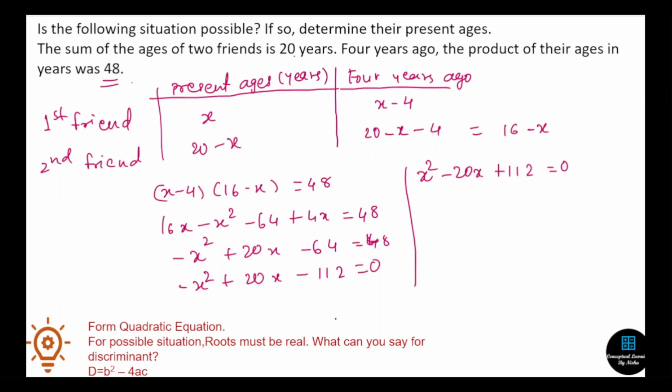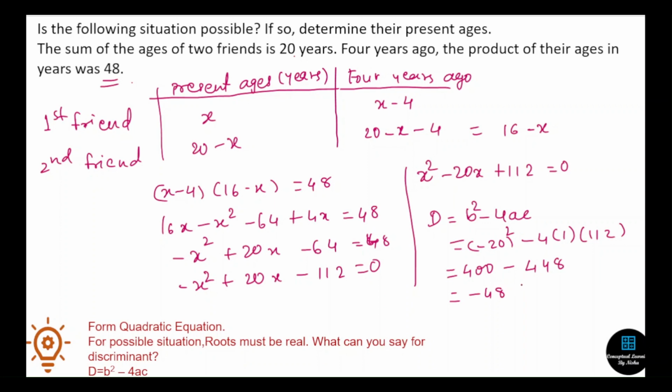Alright. Now, to understand whether the situation is possible or not, we'll find the discriminant. D is equal to b square minus 4ac. So b is negative 20 square minus 4 into 1 into 112. I just compared this quadratic equation with the standard form. I'll get 400 minus 448, so this is minus 48.